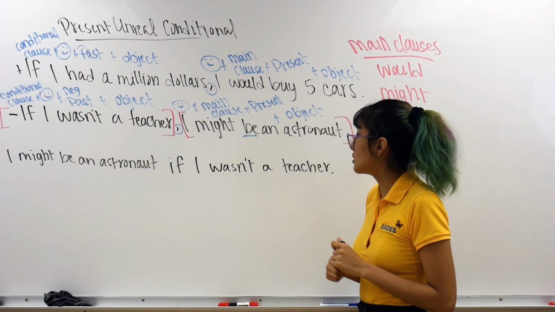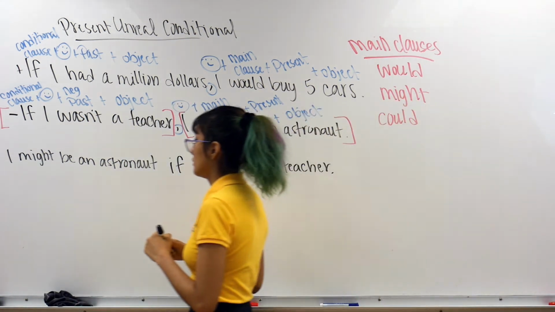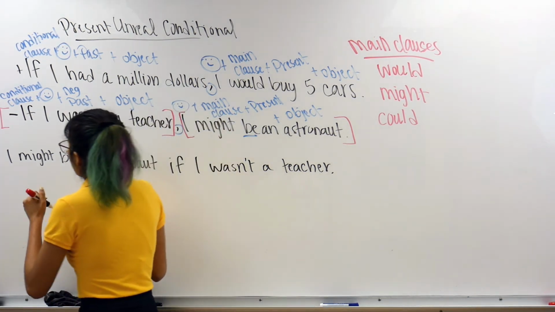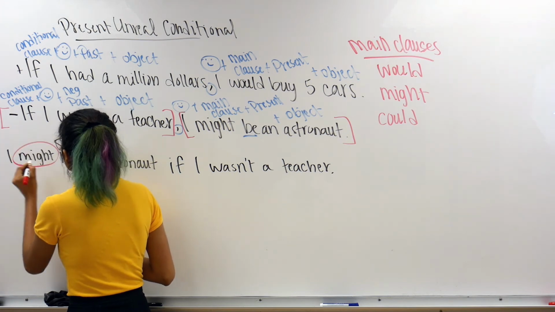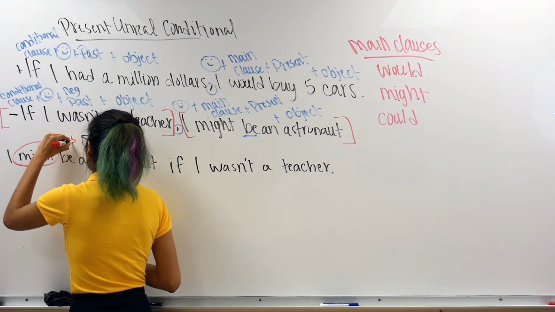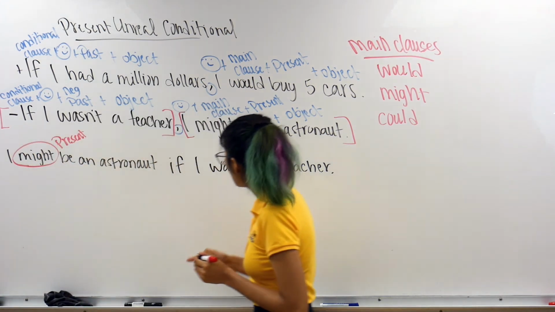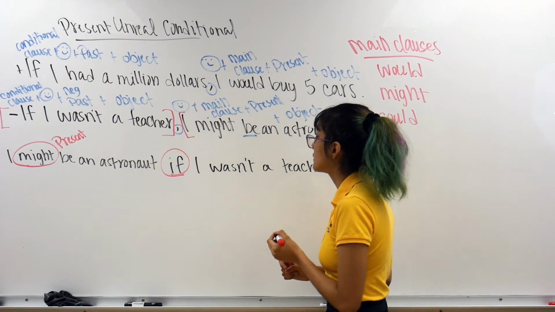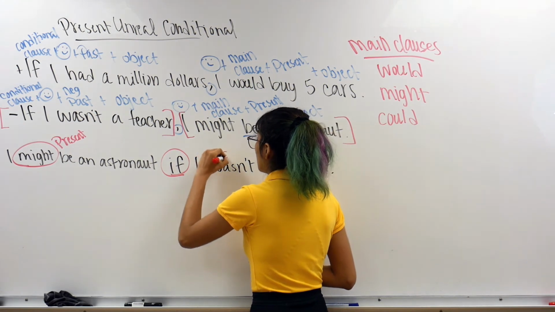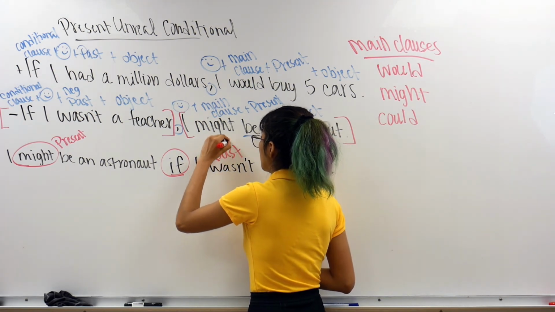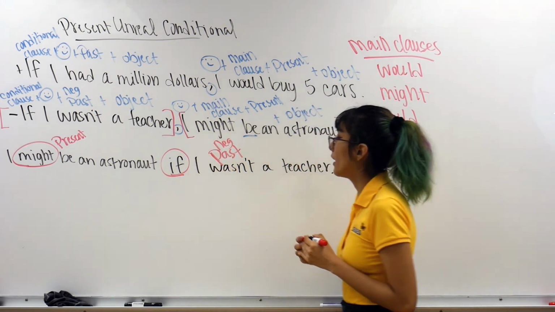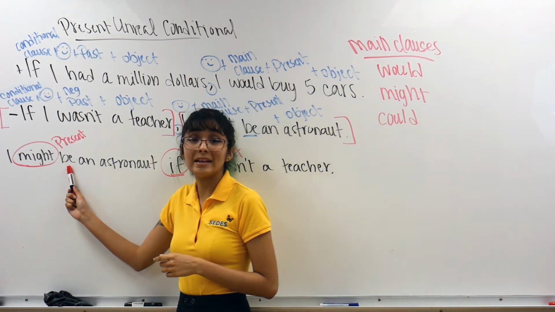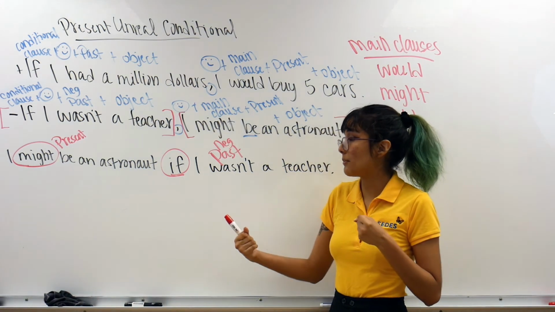I might be an astronaut if I wasn't a teacher. Here, I still have my main clause with my present verb. And here, I still have my conditional clause with my past verb. Again, this is my negative past verb, but it is still my past. They're always going to stay together. They're never going to separate.